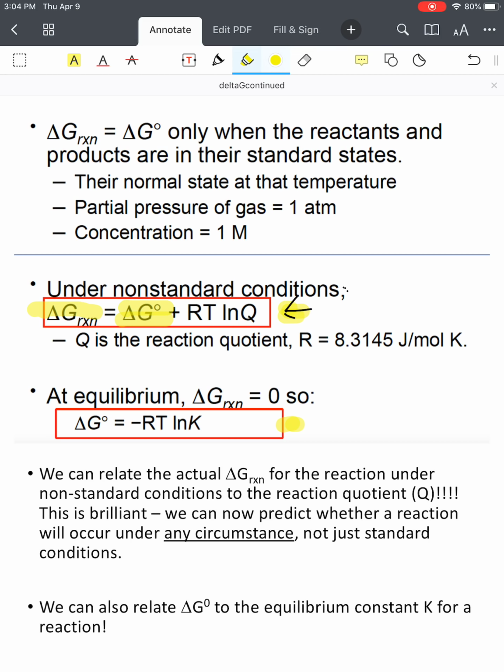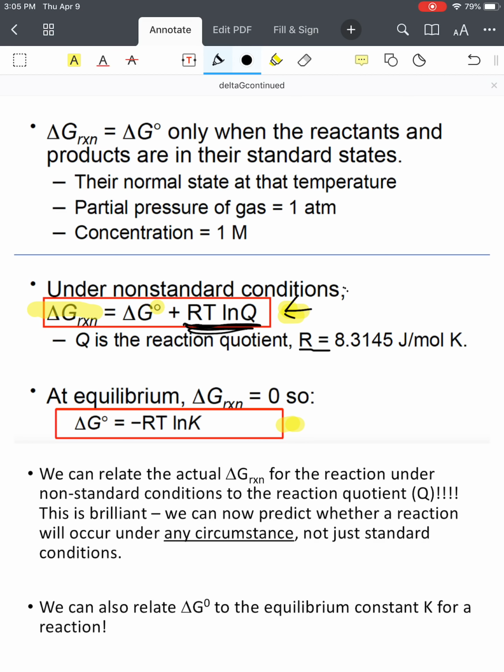This is my standard Gibbs free energy change for that same reaction. But again, notice that it specifies standard state. So what we do is compute our delta G under the standard conditions, and then we add to it another term. And that other term is R times T times natural log of Q.